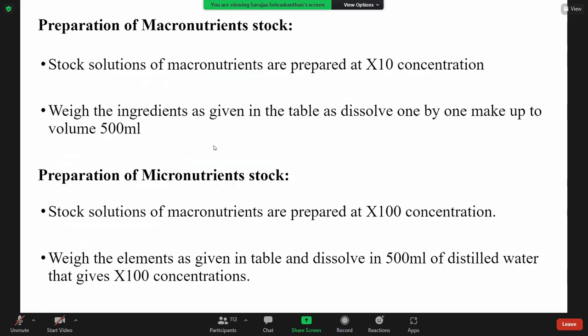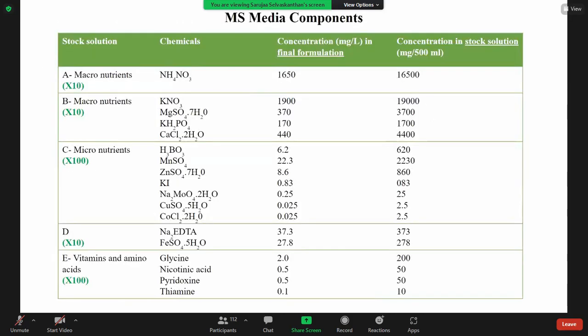Here, one thing I forgot to mention: for stock B, we have to first measure the ammonium nitrate and dissolve it. In this order, we have to add chemicals one by one, and until we fully dissolve the chemicals, we have to wait.